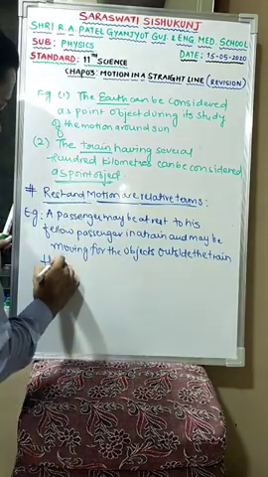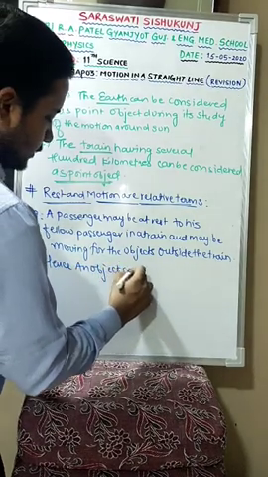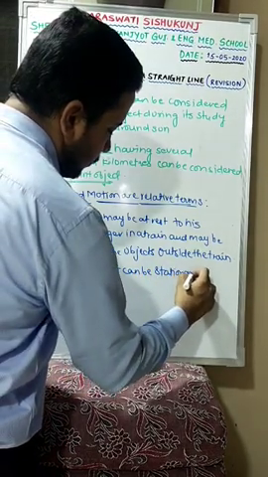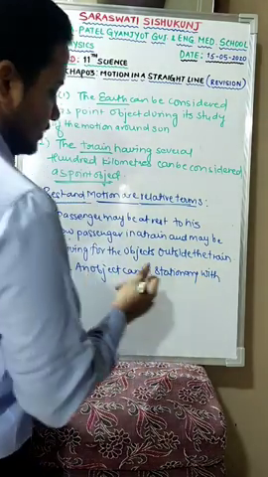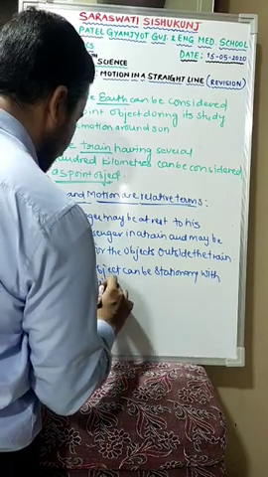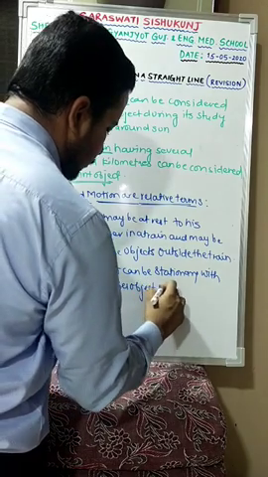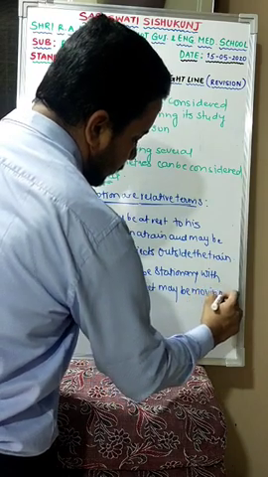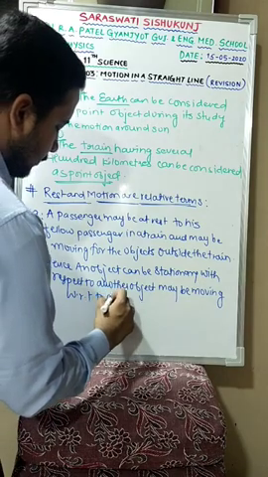Hence an object can be stationary with respect to another object and may be moving with respect to another object.